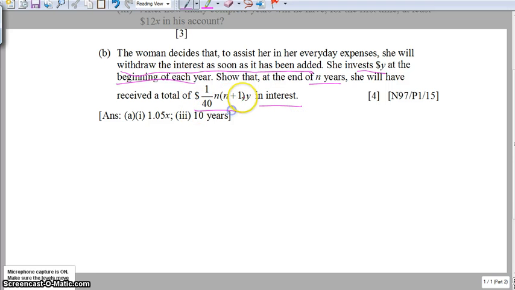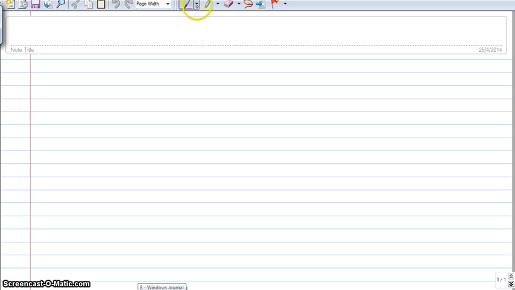So now I'm interested in interest. So let's see. Let me do likewise, just like how I did part A, okay? For the woman, part B, beginning of the first year, she invests Y dollars.